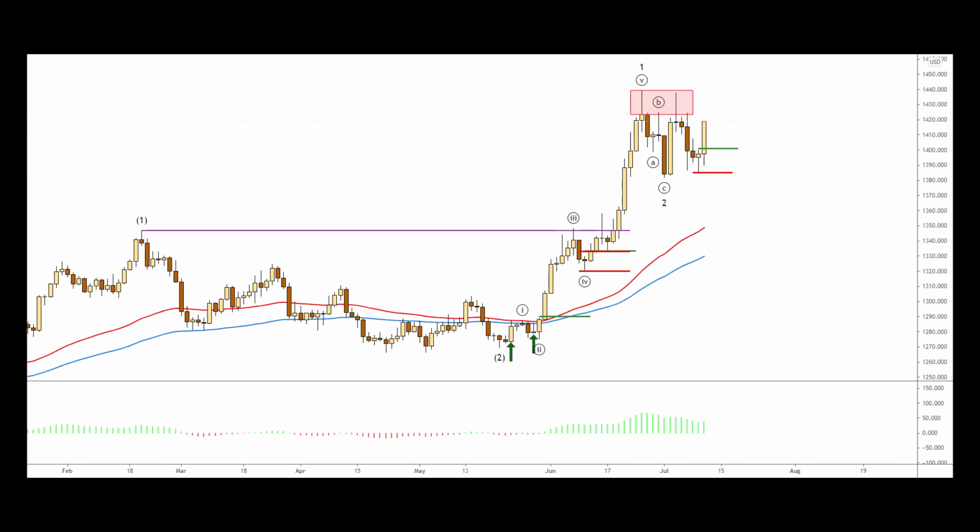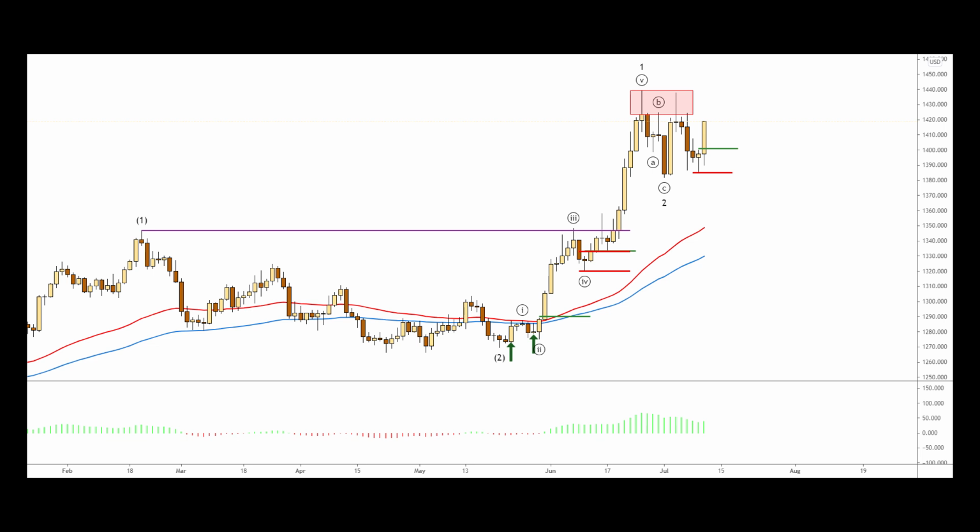This is the third cluster, and we rolled the stops from the second cluster to the wave 2 low at 1381. At the moment we have one position from the first cluster with $1,500 in locked profits, one position from the second cluster with $2,375 of locked profits, and the third cluster, two positions with a risk of $1,600.